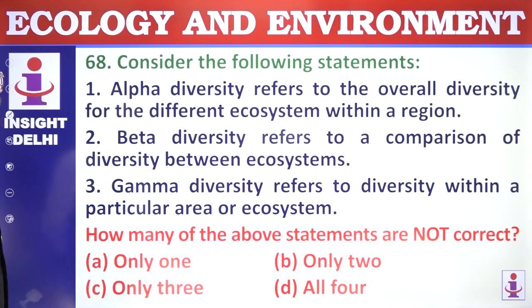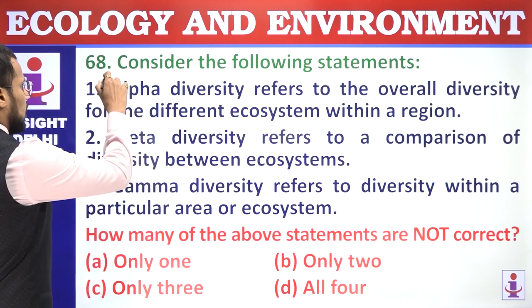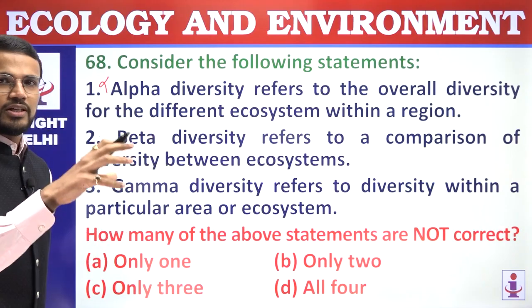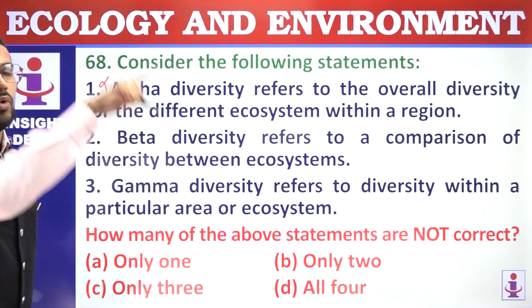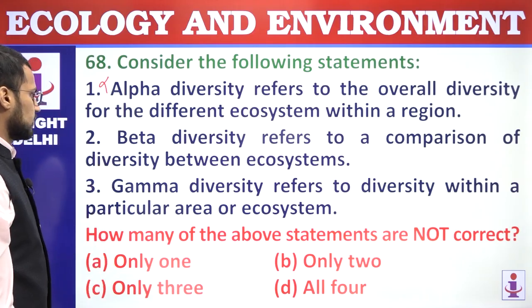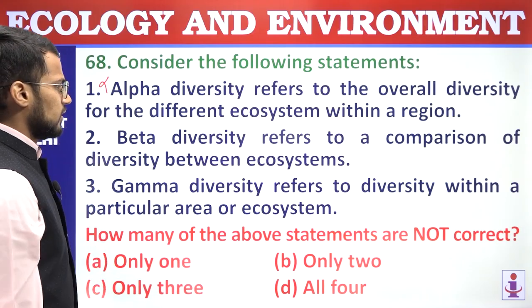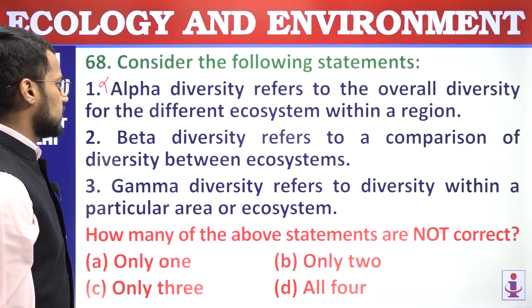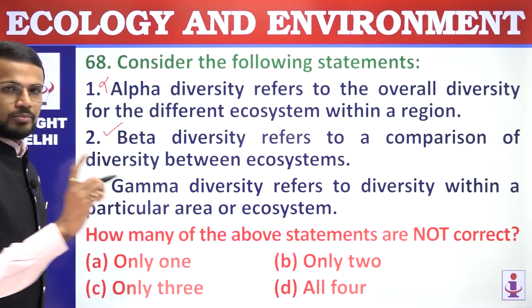68. Consider the following statements. First, alpha diversity refers to the overall diversity of the different ecosystems within a region. Incorrect. Alpha diversity is the diversity of a particular ecosystem, not overall biodiversity. Right? So the first statement is incorrect. Second, beta diversity refers to a comparison of diversity between ecosystems. Second statement is correct.